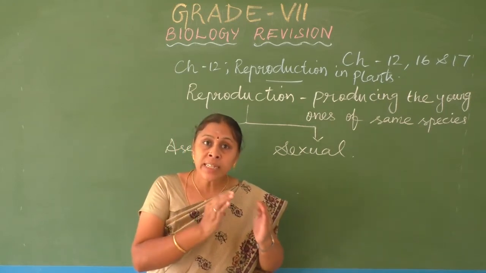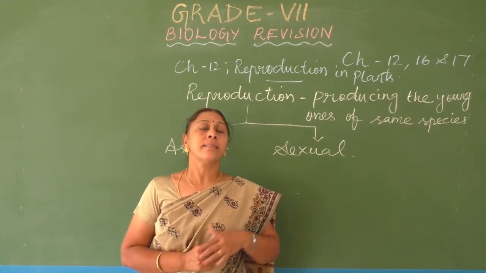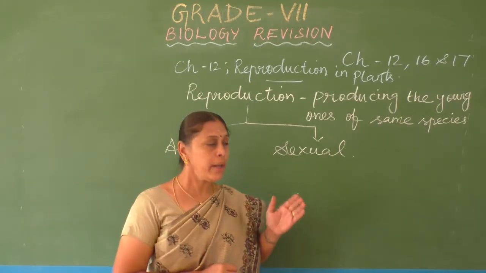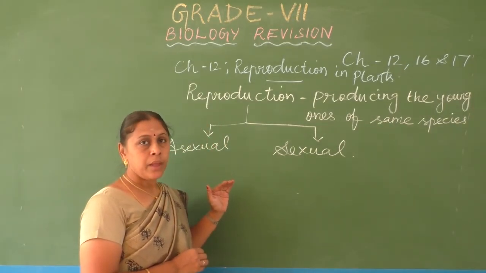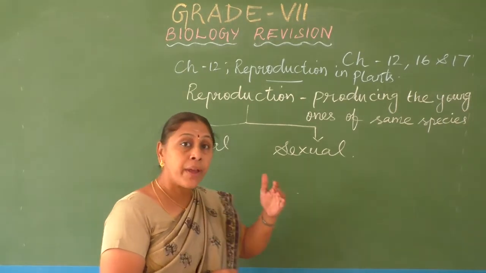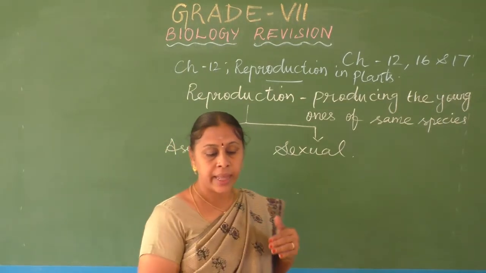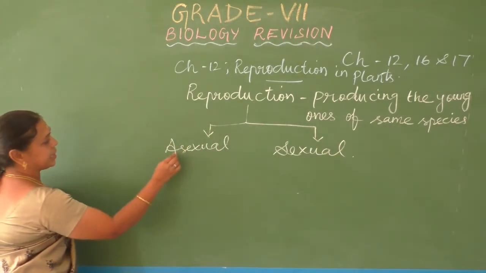So, without the seeds, if a new plant starts growing, that mode of reproduction is called asexual mode of reproduction. And this asexual mode of reproduction is of various types. Different types are there, and one by one let us see.